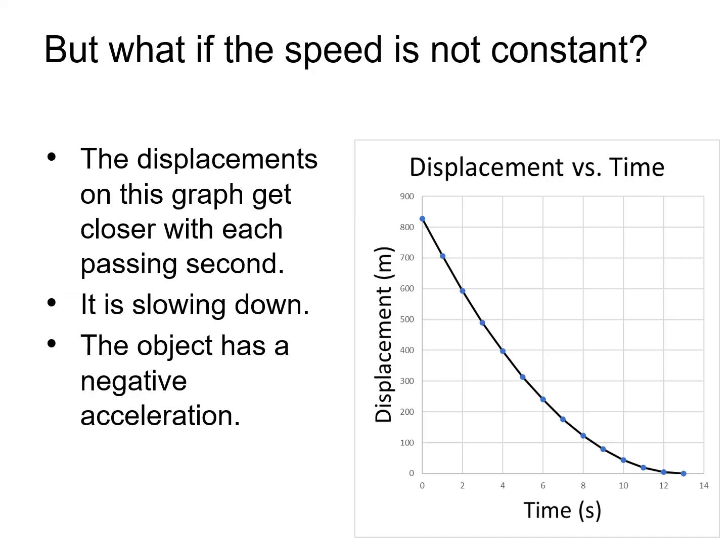So the displacements are getting shorter over time. The time intervals of each of these dots is the same. It's 1 second. So the time's not decreasing. It's the distance between where the object is from one point to the other. This object is slowing down and has a negative acceleration. Notice the shape of the curve.